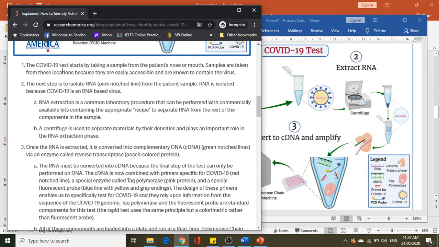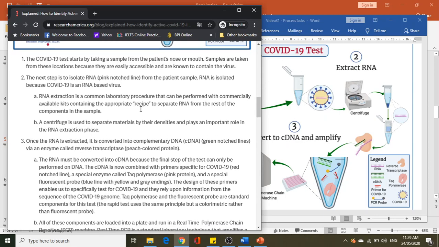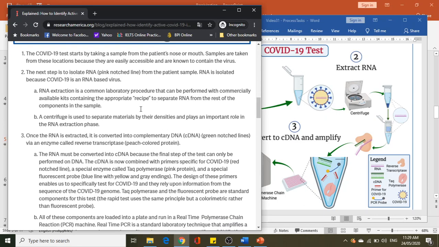So the COVID-19 test starts by, this is actually the description of that process task that you see. The COVID-19 test starts by taking a sample from the patient's nose or mouth. Active voice. So now we begin to emphasize the sample. If you notice, that's the object over here. It moves to the front and it is now in the passive voice.